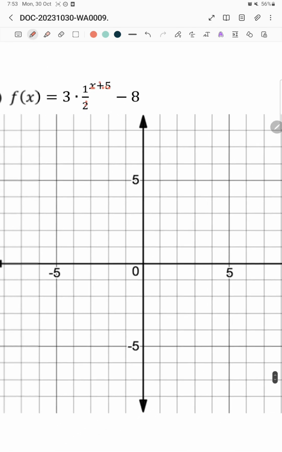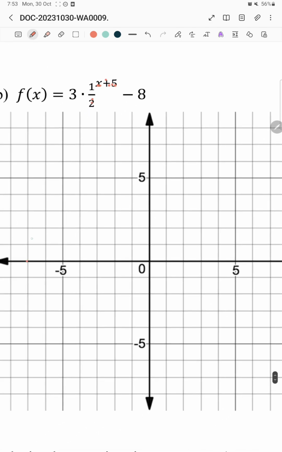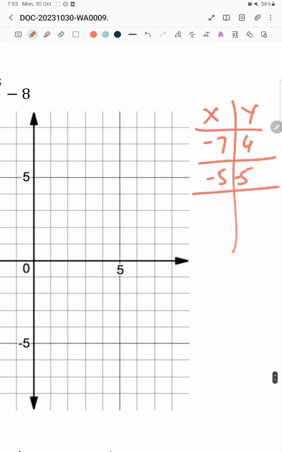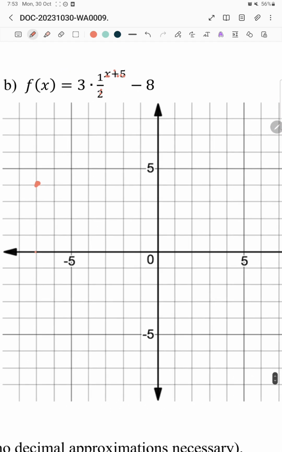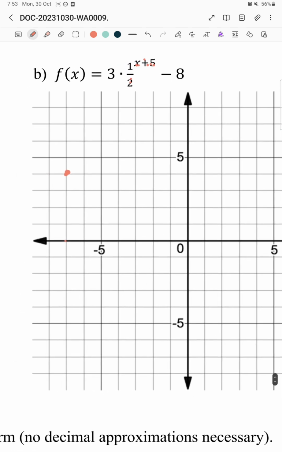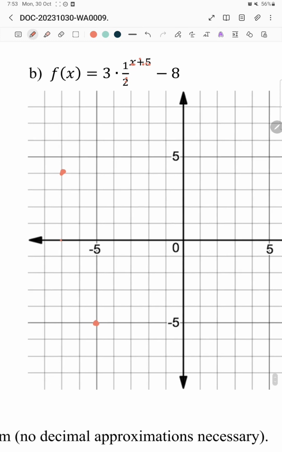So minus 7 gives 4, minus 5 gives minus 5. The graph is going in this direction.